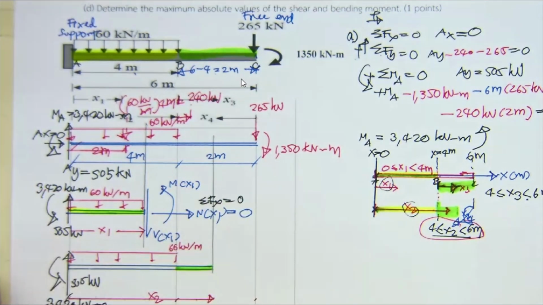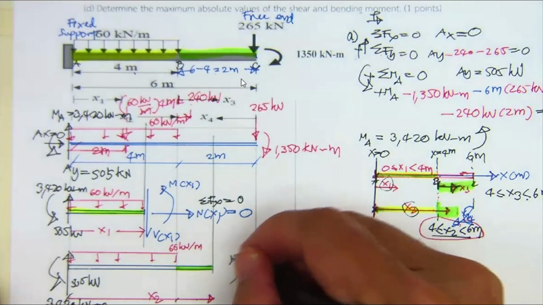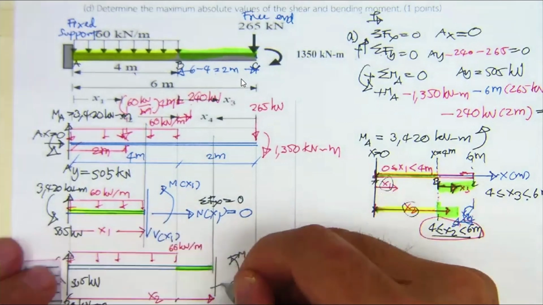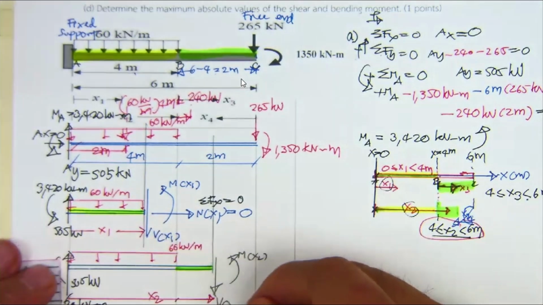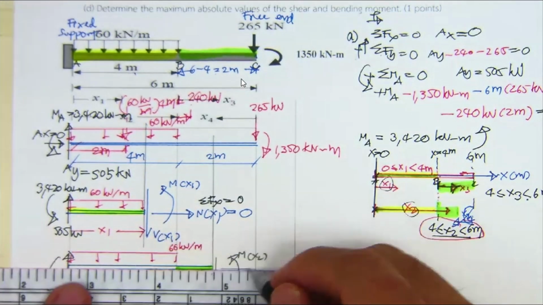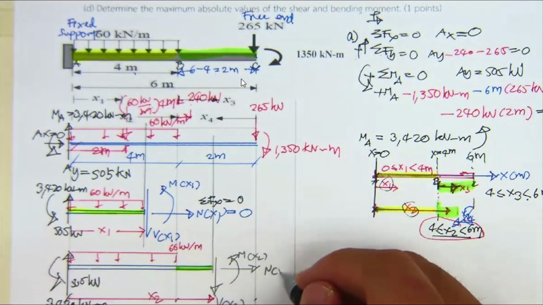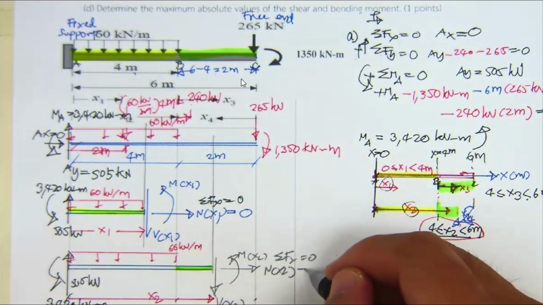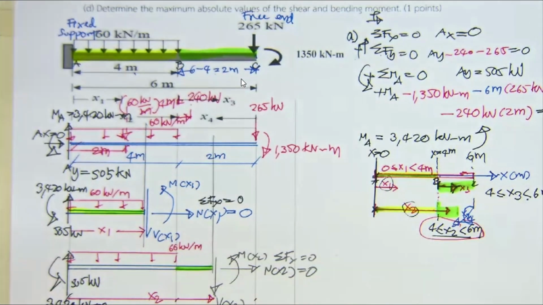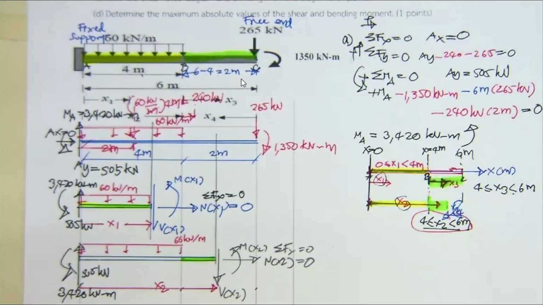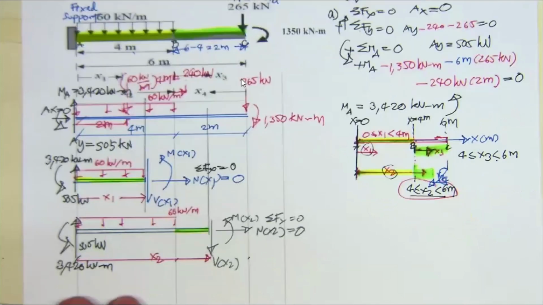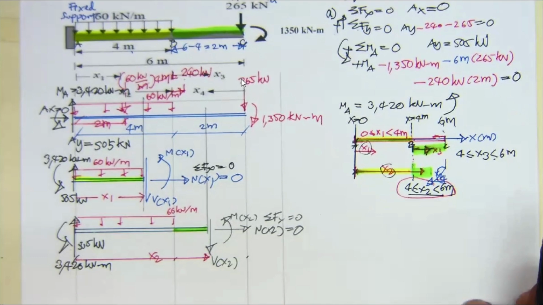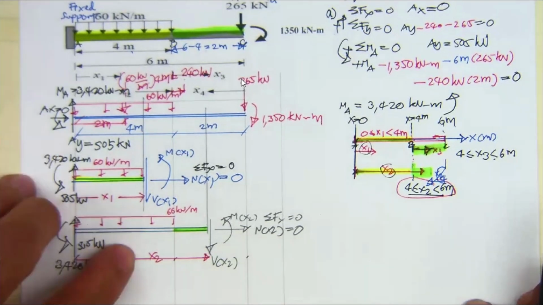Again, the section here is going to have the moment M sub x2, this one V sub x2, and for this one N sub x2. Summation of F sub x equal to 0, so N sub x2 is going to be 0.